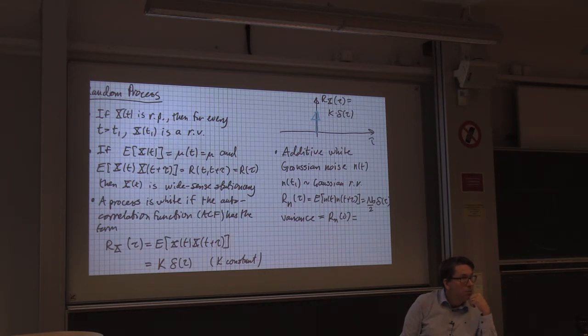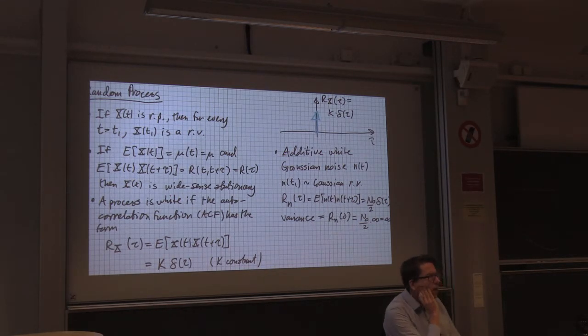It's n0 over 2 times infinity, which is equal to infinity. All right. Now let's see here. We have some noise whose variance is infinite. Is that a physical model of noise?